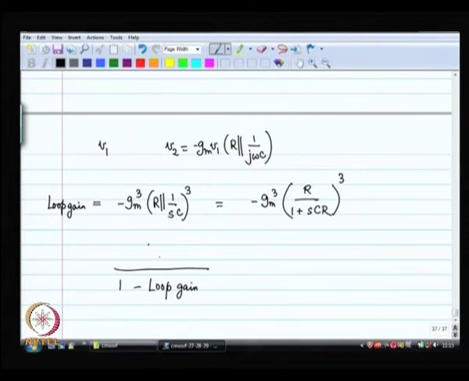Now, this loop gain is really GM cubed R cubed divided by 1 plus SCR the whole cubed.